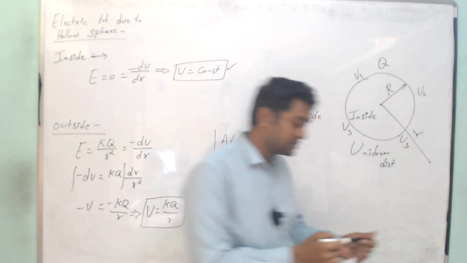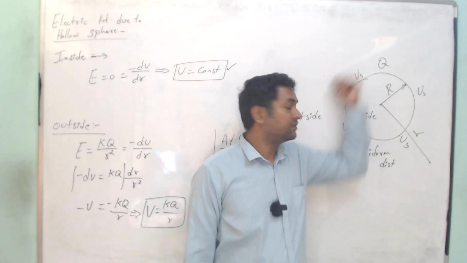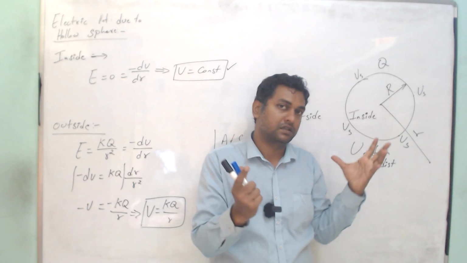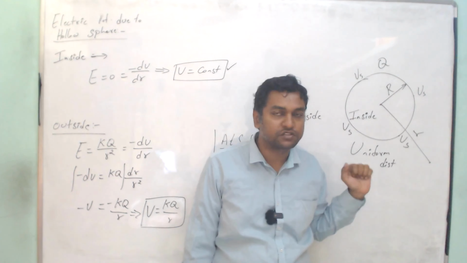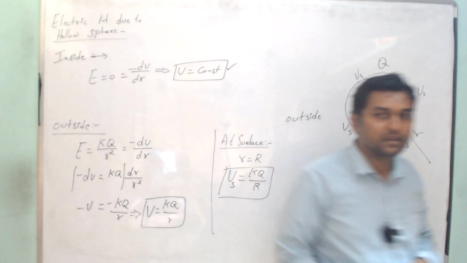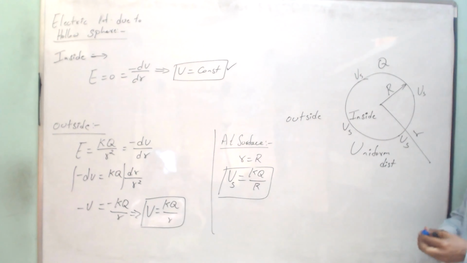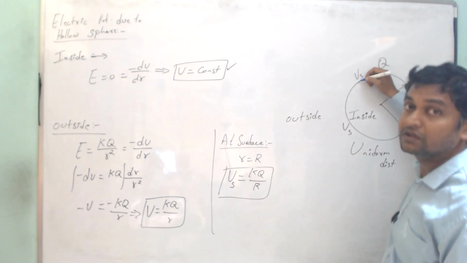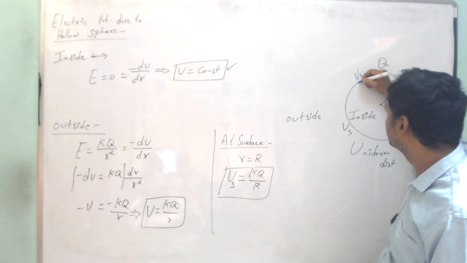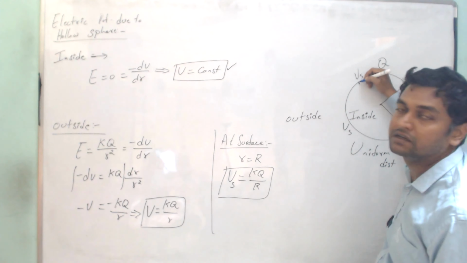Now we need imagination from it. Everywhere I have Vs, and we are saying inside everywhere it is constant. So suppose I am at this point. What is the potential? Vs. Slowly I started going inside.